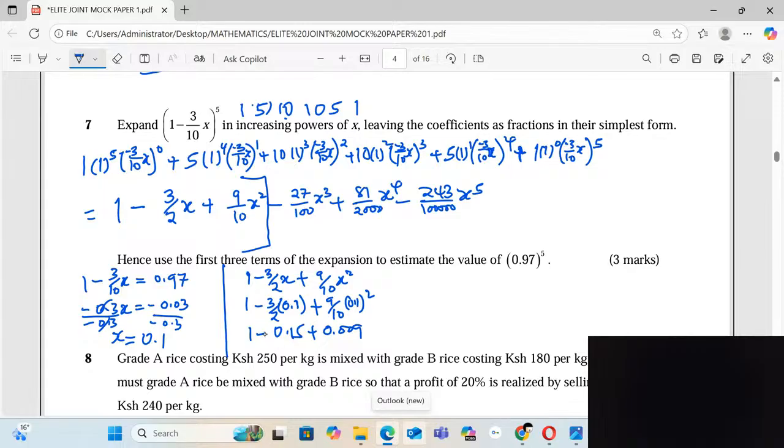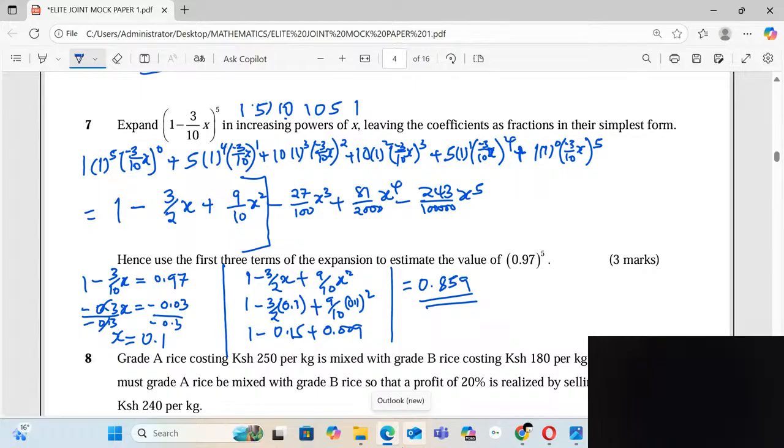So when you take 1 minus 0.15 plus 0.009, your final answer becomes 0.859. So that one becomes your final answer for that expansion.